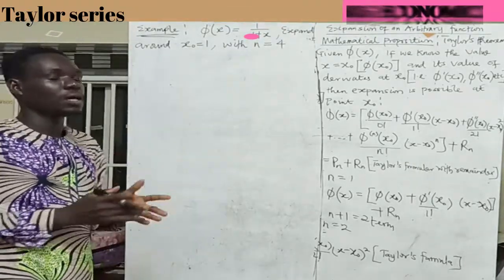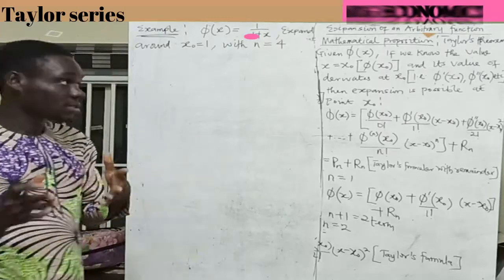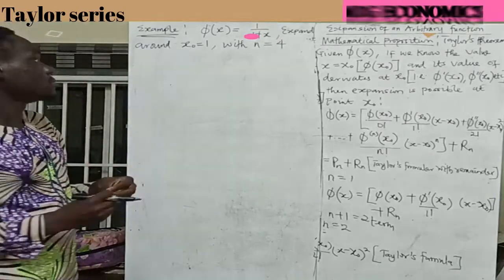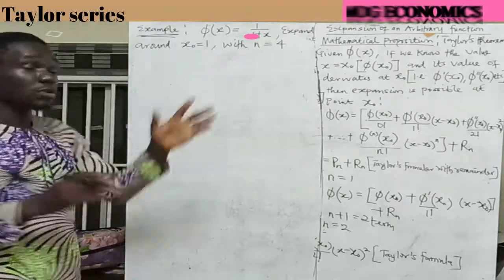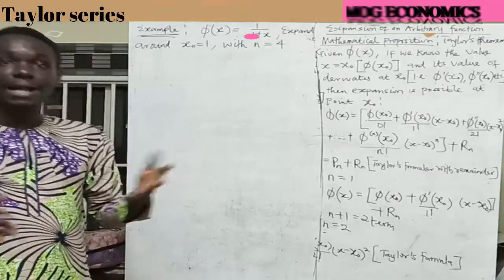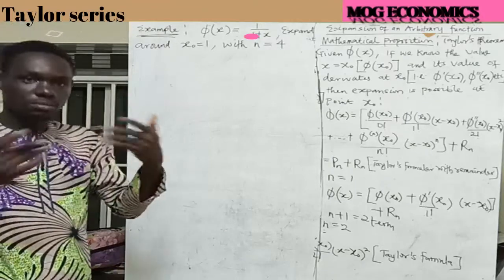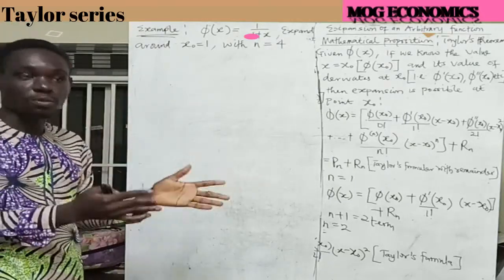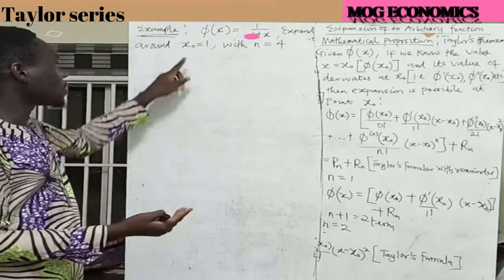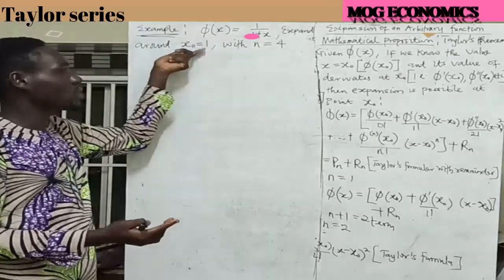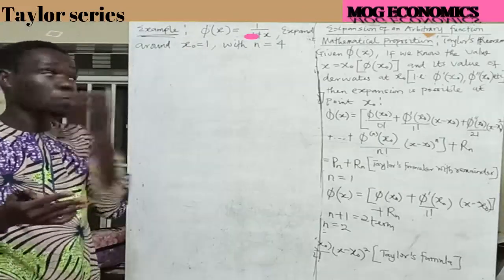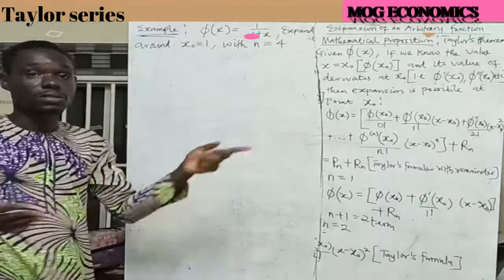When we looked at Maclaurin series, I made it clear that Maclaurin series has to do with expansion around 0 as a value. Now, in this case, you have a value different from 0, and in this case it is 1.